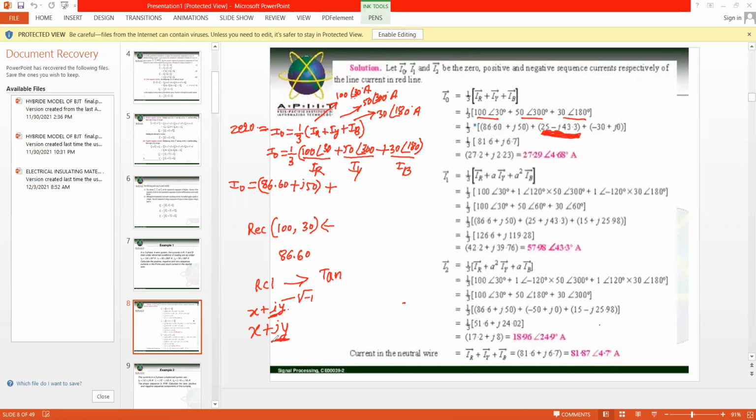So these are the imaginary part and these are the real part, just like resistance. Actually here Z is equal to R plus jXL. These are the real part, the resistive part, and these are the reactive part, the imaginary part.